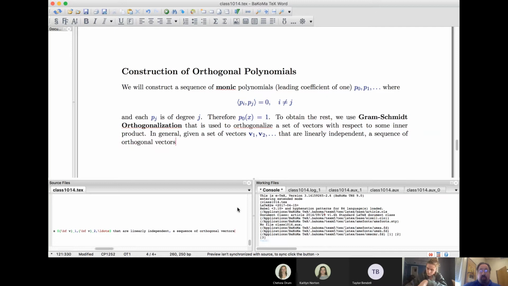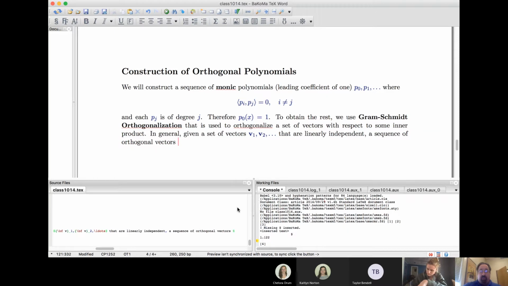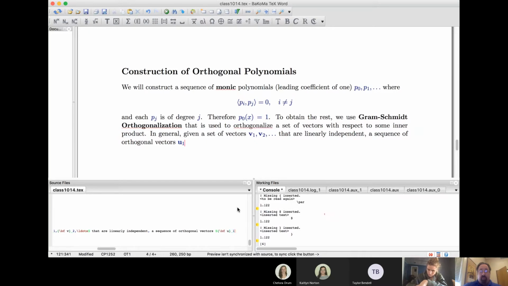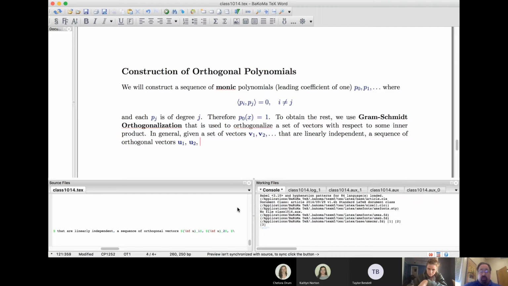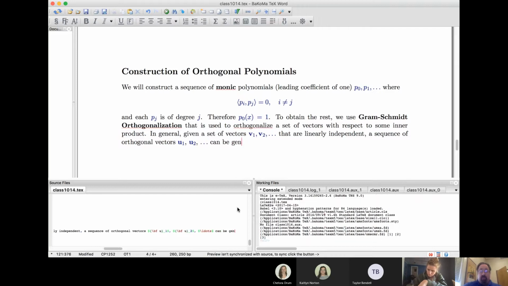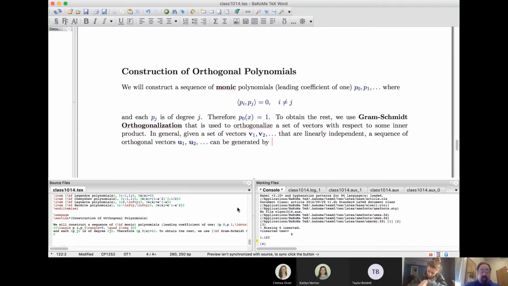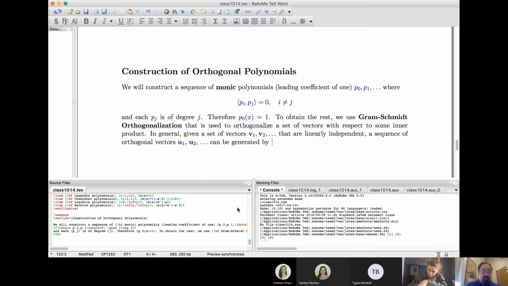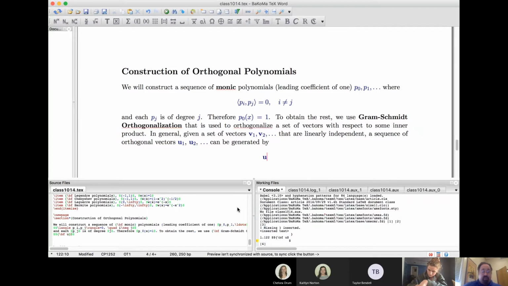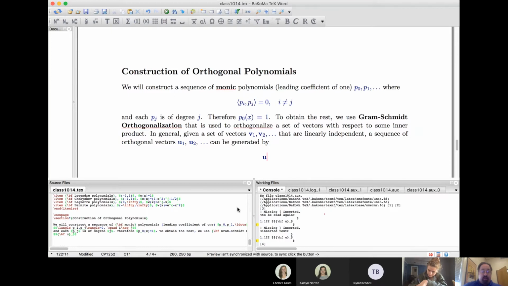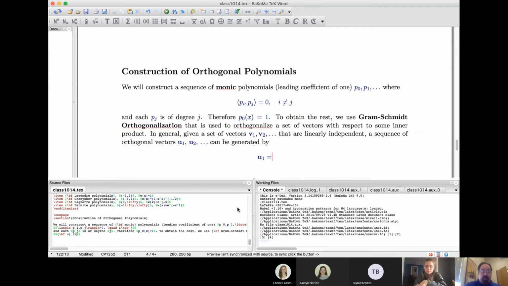So you can make them orthogonal. You need to use a different letter here: u1, u2, and so on. So how you generate these is by this formula. First, u1 is just equal to v1.